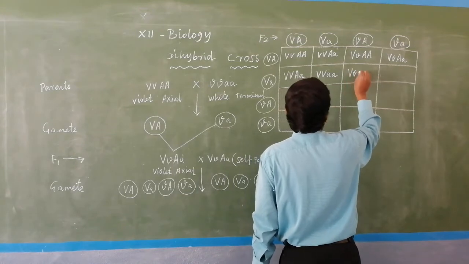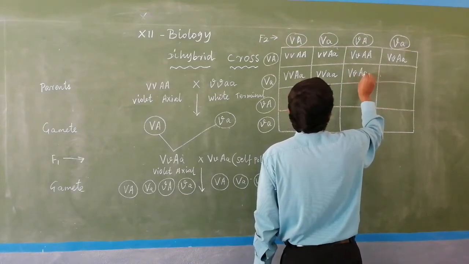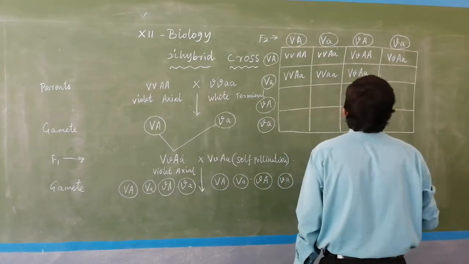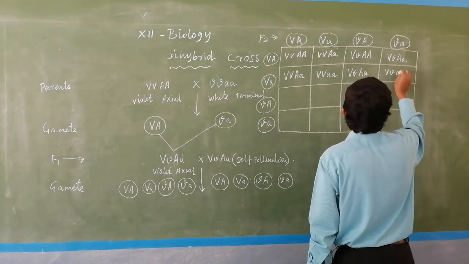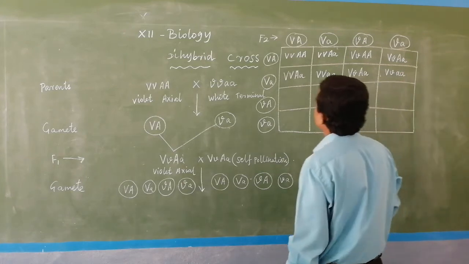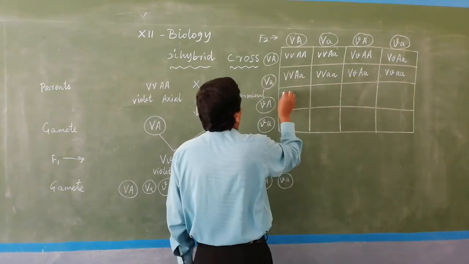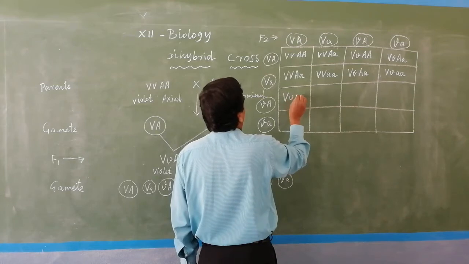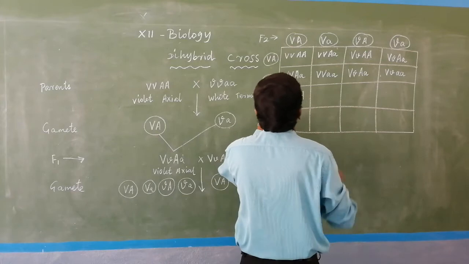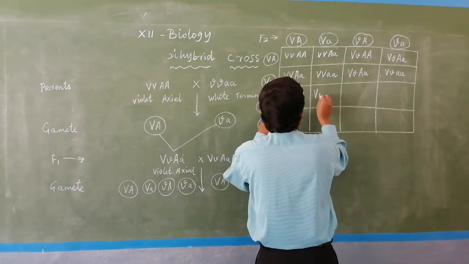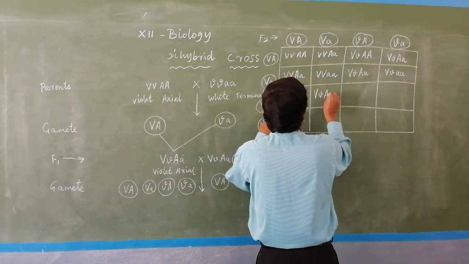Capital V, small v, capital V, small v, small a, small a. Capital V, small v, capital A, capital A. Capital V, small v, capital A, small a.